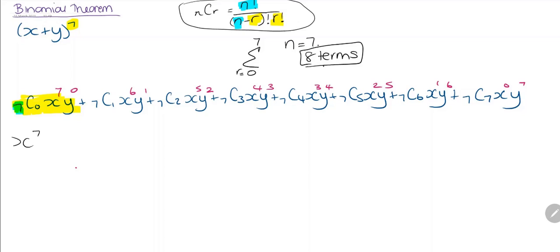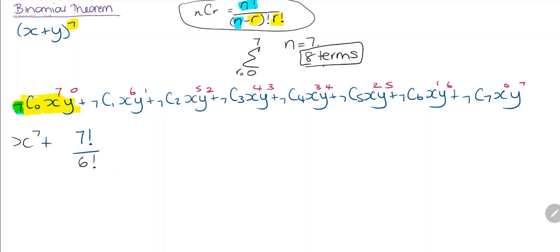So now the second term. This time we've got 7 factorial over (7 minus 1) factorial multiplied by 1 factorial. So 7 minus 1 is 6, so it's just going to be 7 factorial over 6 factorial.